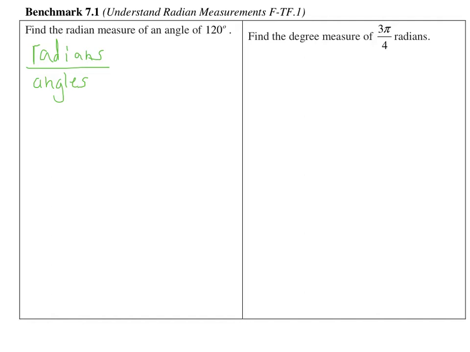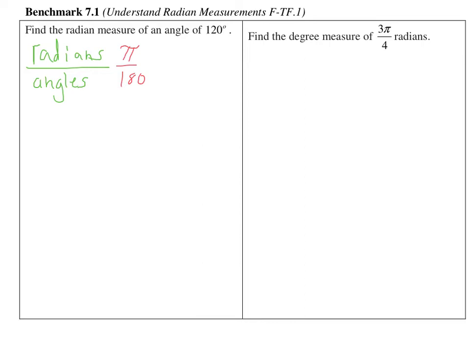If we talk about our unit circle, the easiest one would be pi radians is the same as 180 degrees. So let's start with pi over 180. That is the best comparison to have. Instead of doing 2 pi over 360 or some other comparisons, we know for sure that pi is the same as 180.